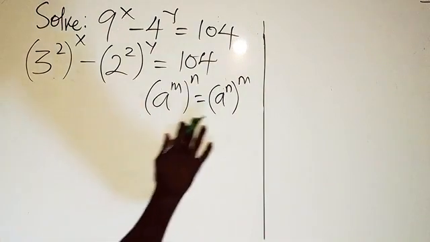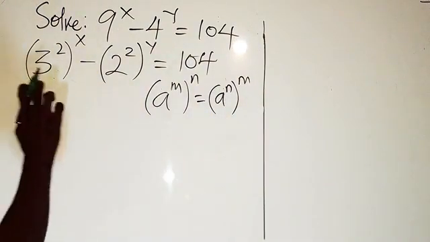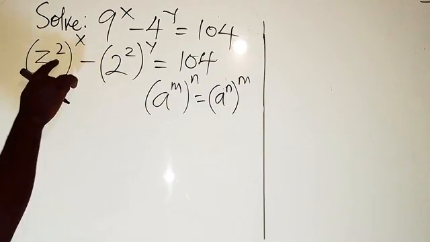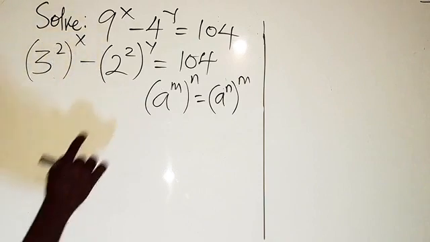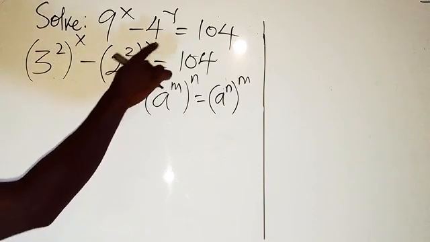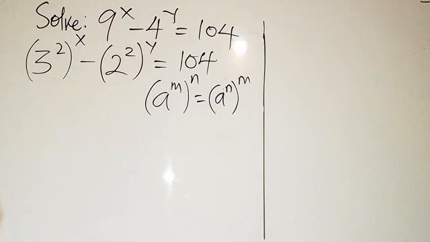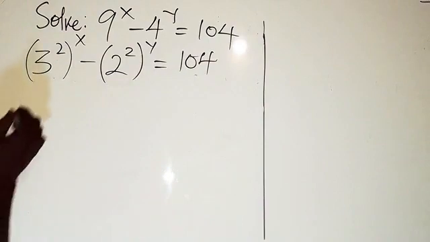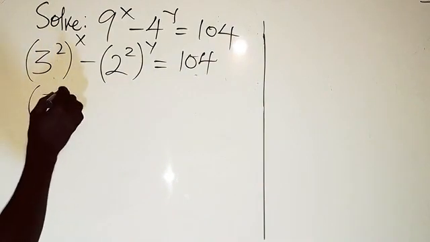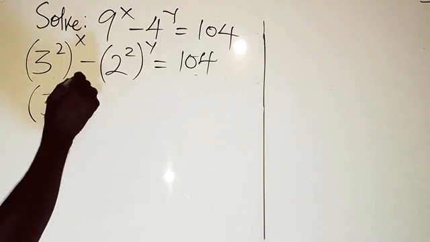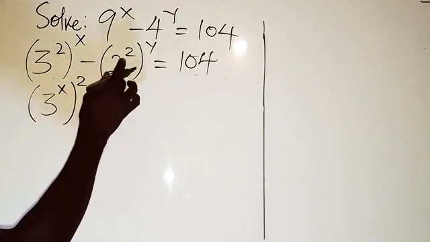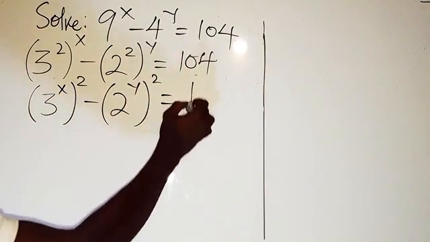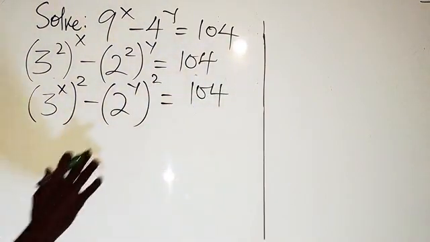We are going to use this fact here by taking x inside and taking 2 outside, and taking y inside and taking 2 outside. Now you're going to have 3 to power x, all to power 2, minus 2 to power y, all to power 2, equals 104.